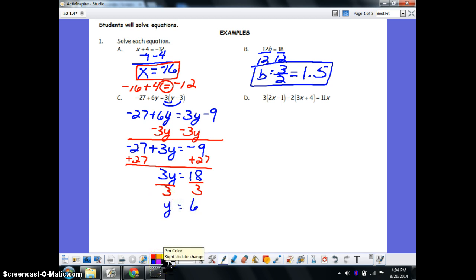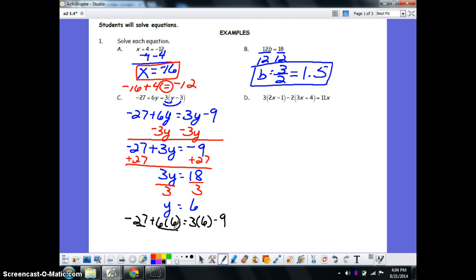Now, once again, just to make sure we did it correctly, we can check by substituting 6 in for all the y's in the original equation. And then to simplify, we have negative 27 plus 6 times 6 is 36.